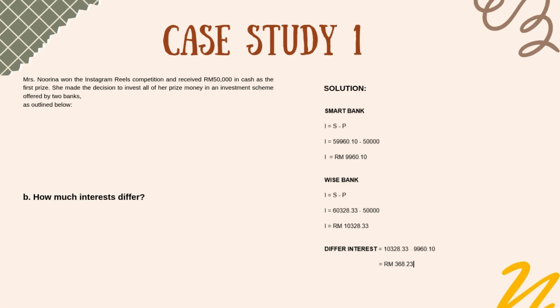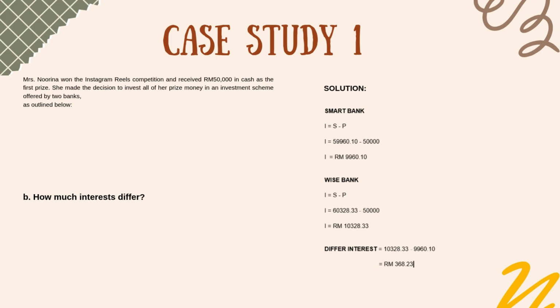For question B, how much does the interest differ? For this question, we need to find the interest for each bank and calculate the difference between the two banks. Firstly, we use the formula I equals S minus P. For Smart Bank, I equals 59,916.01 minus 50,000, and the answer is I equals RM9,916.01.